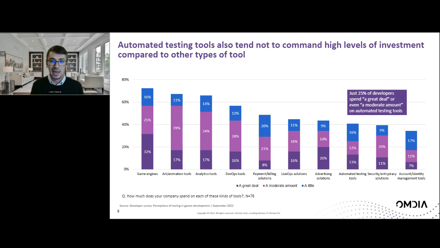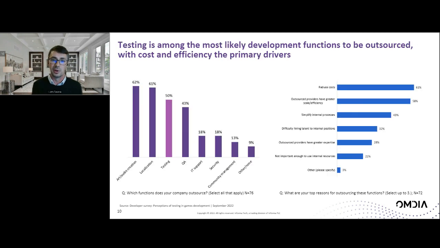But as well as external tooling, something else that's important to think about when we're thinking about the different functions that make up a game studio is what is being done internally versus what is being outsourced to various kinds of support services beyond the studio itself.